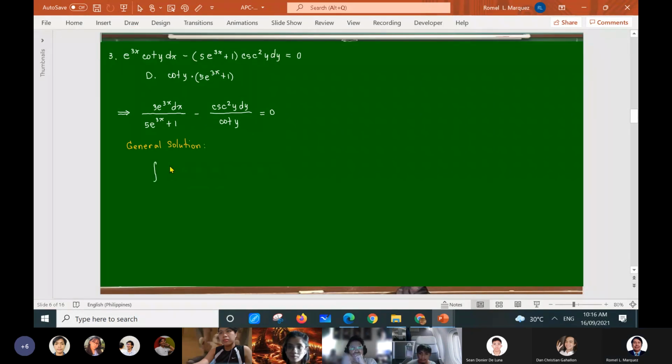Integral of 3 e to the 3x dx all over 5 e to the 3x plus 1 minus integral of cosecant squared y dy all over cotangent y, and this is equal to a constant. Let's have C sub 1. I want the ending to involve C.